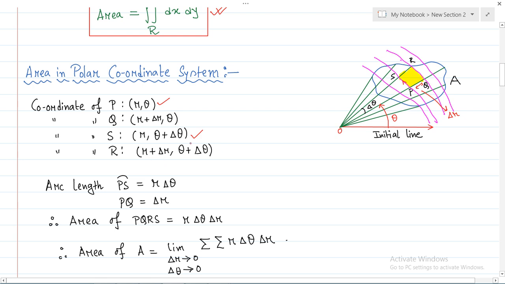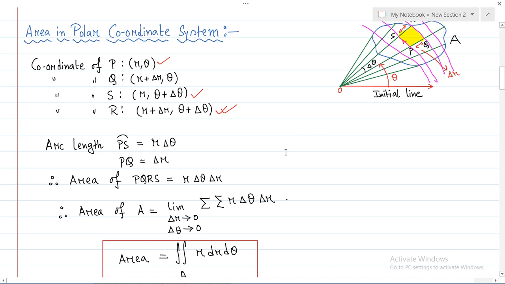So S has the coordinates r comma theta plus delta theta, and r along S is r plus delta r, because we have gone a little more distance, while theta stays the same. So the coordinates are r plus delta r, theta plus delta theta. Now we know from our class 11-12 concepts how to find the arc length. The arc length PS can be easily found as r into delta theta.